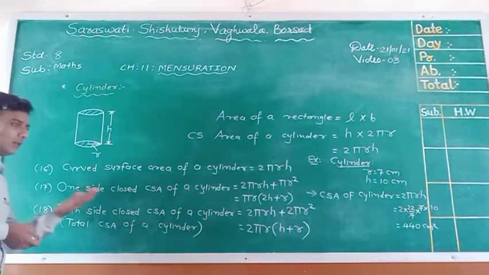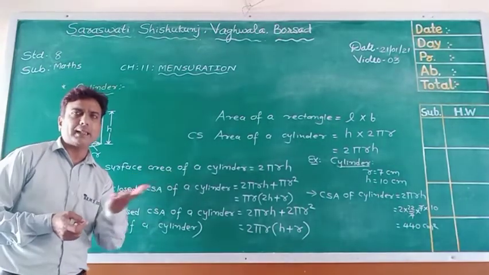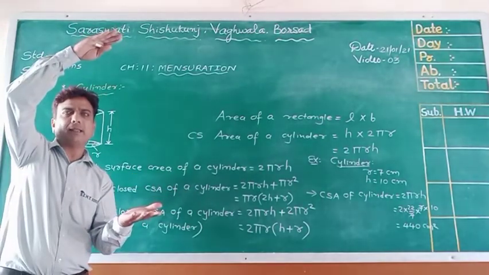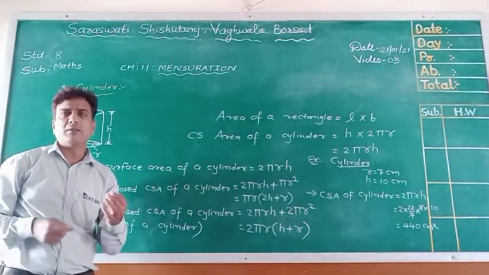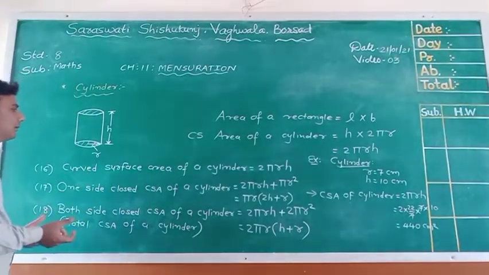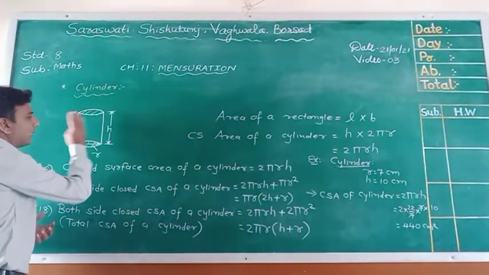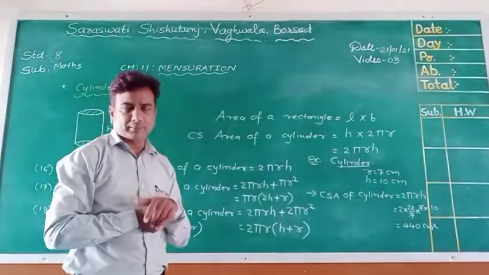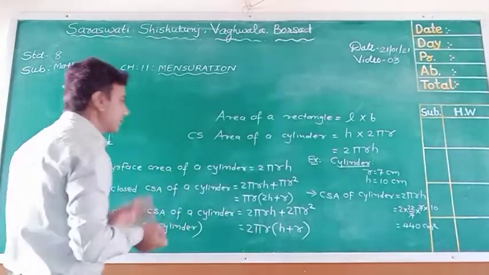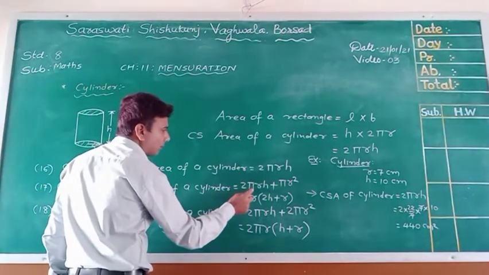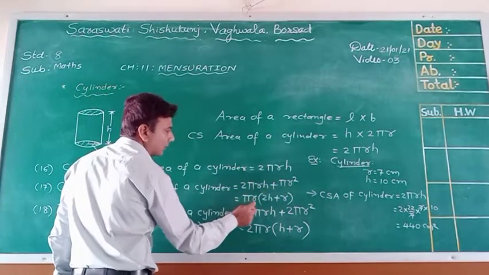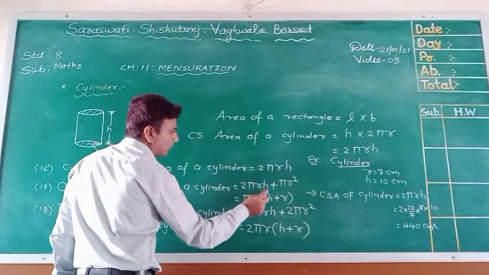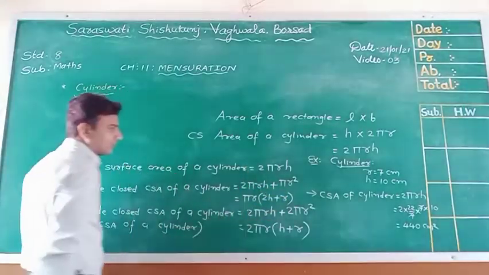Next, one side closed, upper side open, so one side closed curved surface area of cylinder equals 2 pi r h plus pi r square. Here we can observe pi r common, so the remaining terms are 2h plus r.